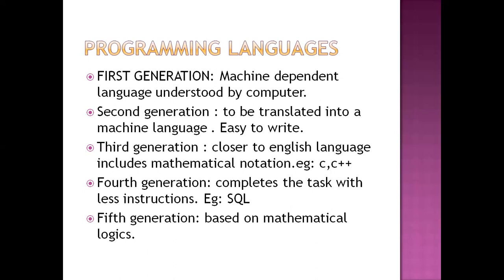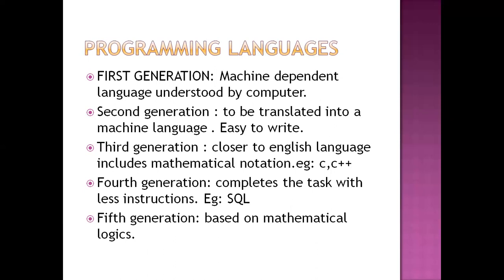Next, when it comes to second generation, it is used to translate into machine language. So in the second generation language, what happens? It is translated into machine language. The language is completely translated into machine language.